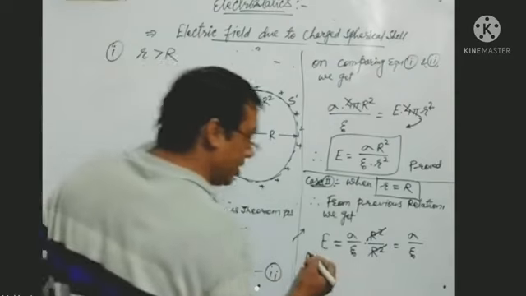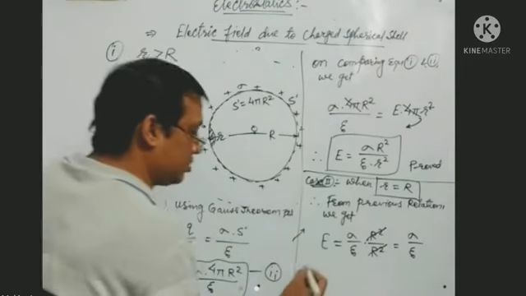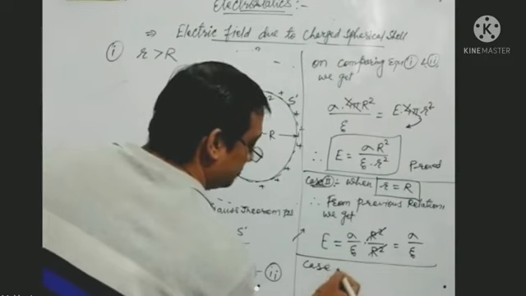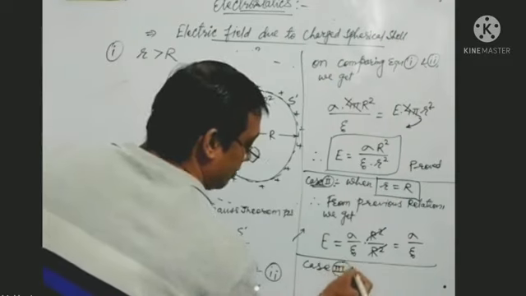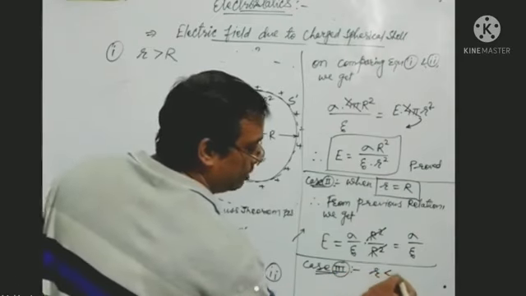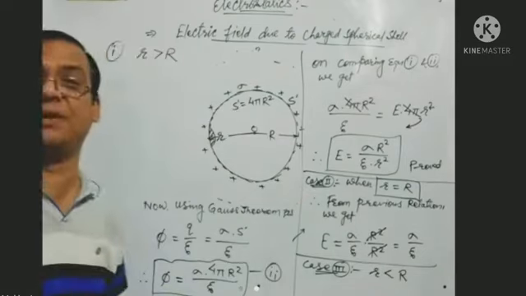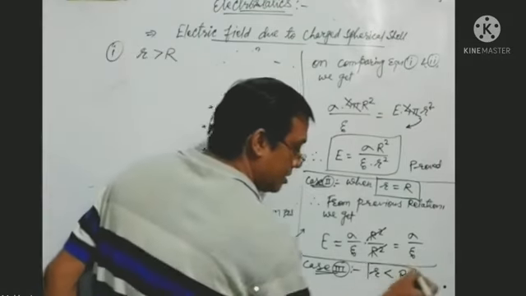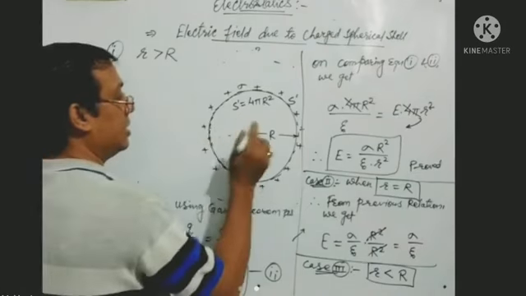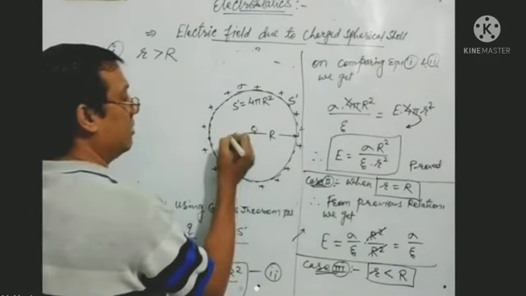Now case number 3. What is case number 3 now, students? Let us see. Case number 3, when small r will be less than capital R. We have to take that point inside the body itself.